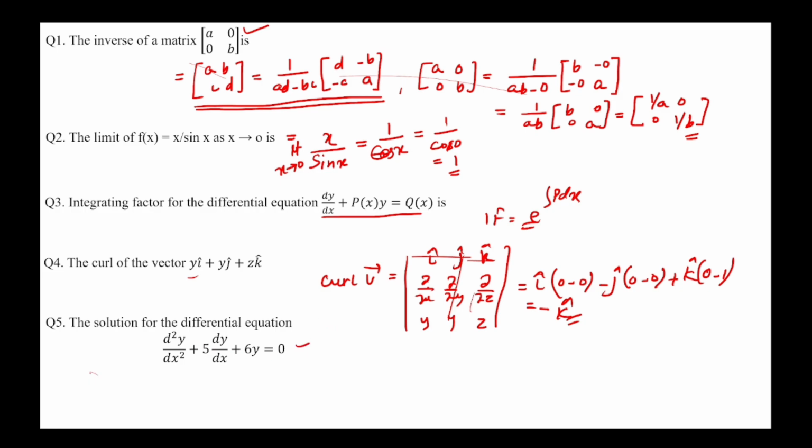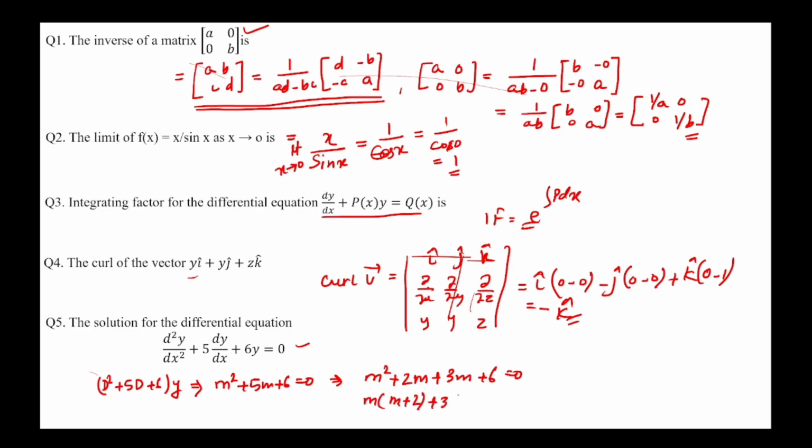The solution of the differential equation. So we have this differential equation, which is written as D square plus 5D plus 6 y, which can be written as m square plus 5m plus 6 equal to 0. So m square plus 5m plus 6 can be broken as m plus 2 and m plus 3 equal to 0.